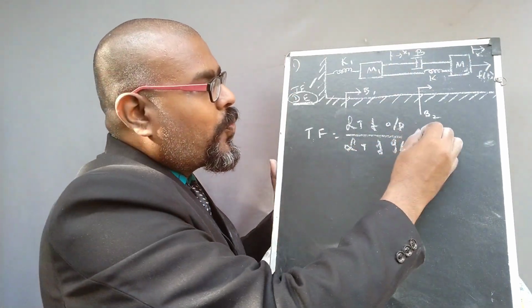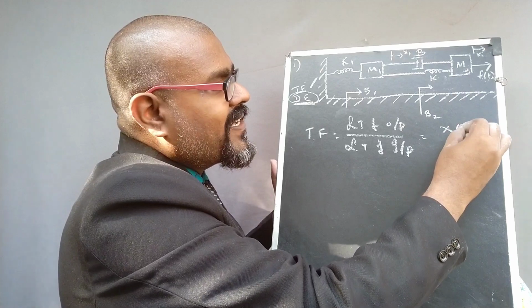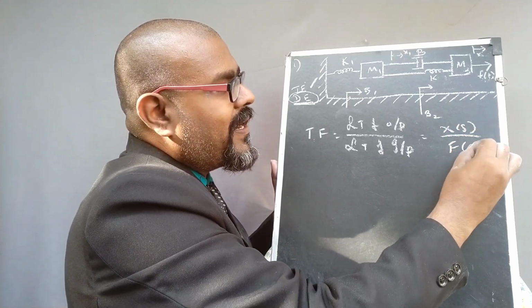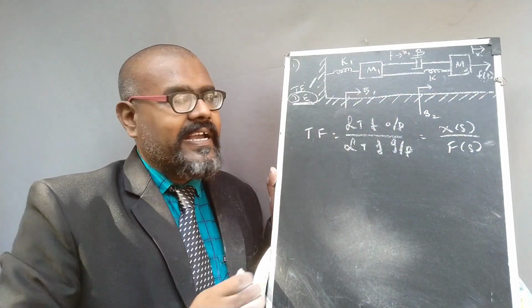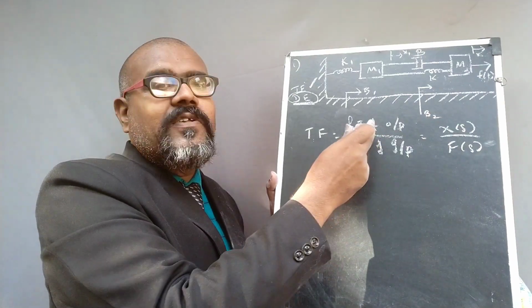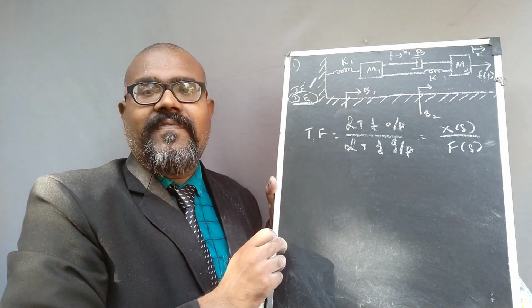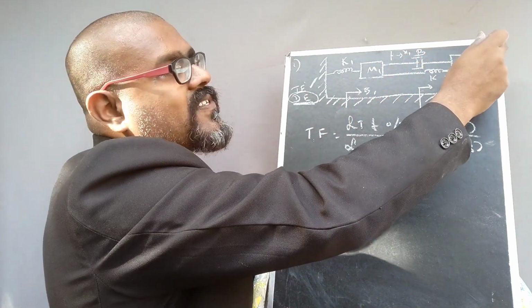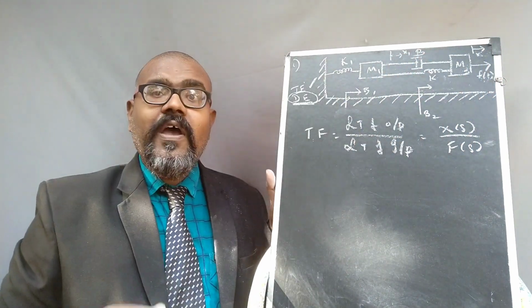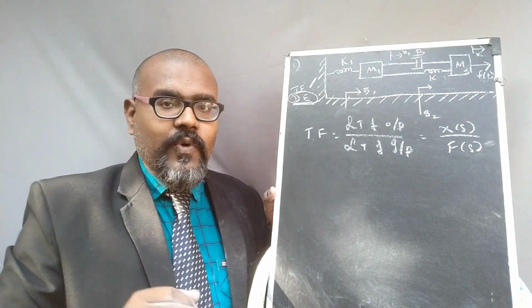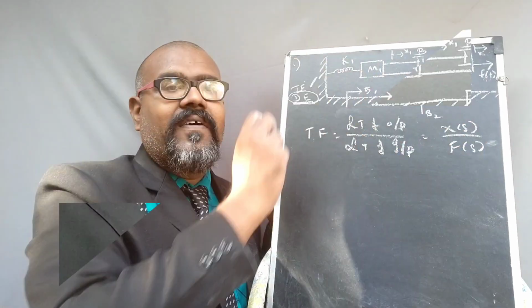So the output is X(s) and the input is F(s), the applied force. We need to find the Laplace transform: the Laplace transform of f(t) is converted to F(s), and the Laplace transform of x(t) is converted to X(s). So we are in a situation to calculate X(s) and F(s).